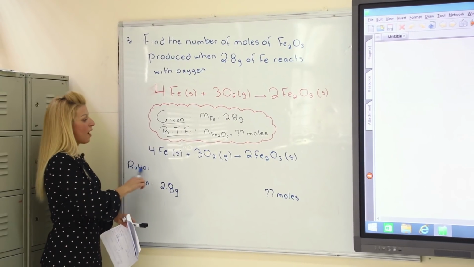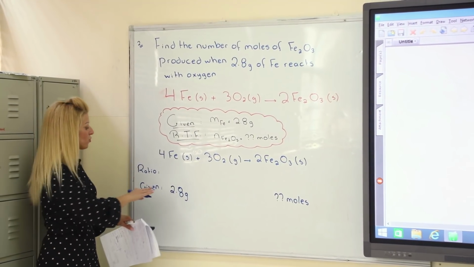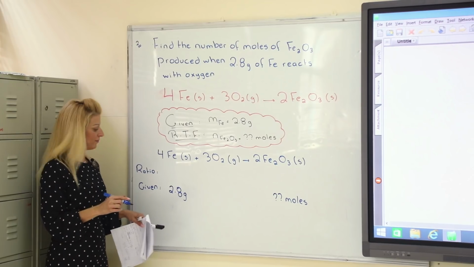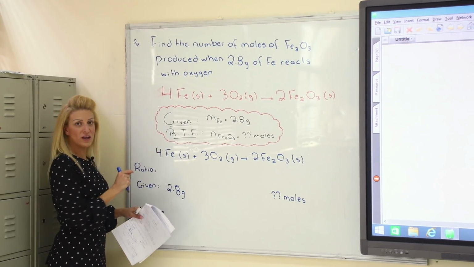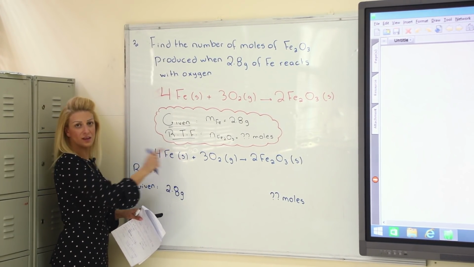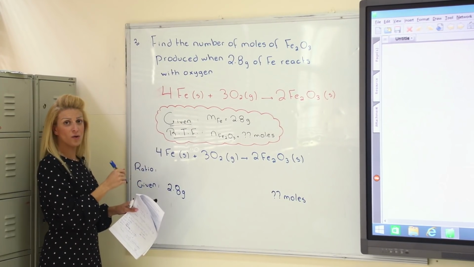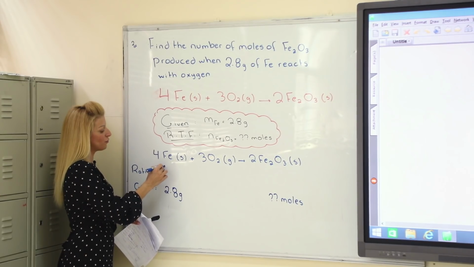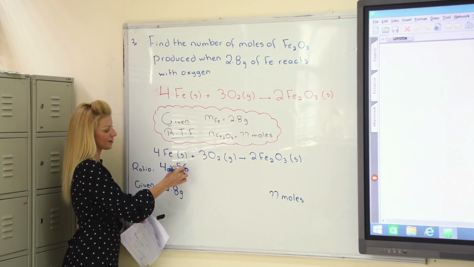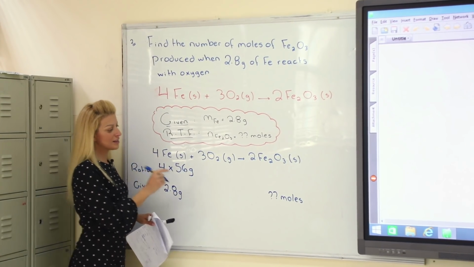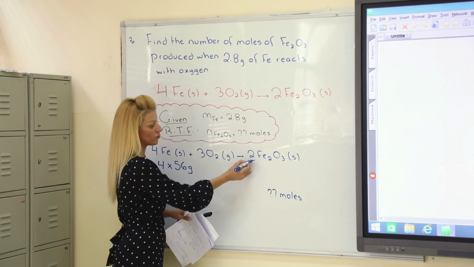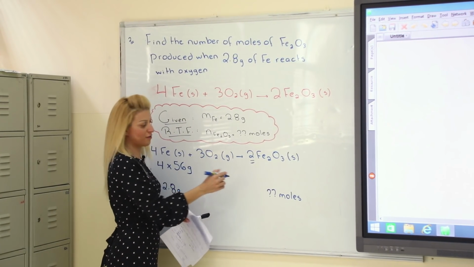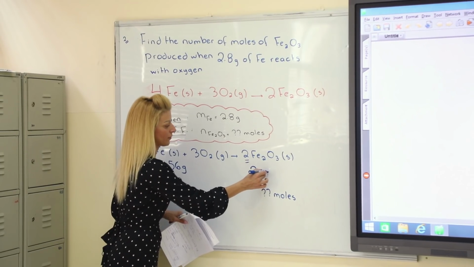We go back to our equation and we write the ratio in the same units as the given. According to our equation, we have 4 Fe's. Each Fe, according to the periodic table, has a mass of 56. So 4 times 56 grams gives us, according to the equation, 2 moles of Fe2O3.